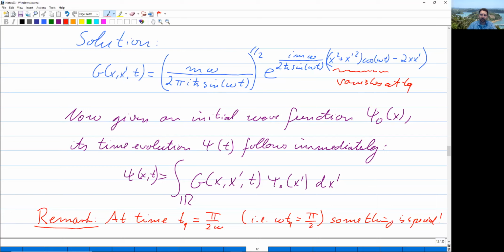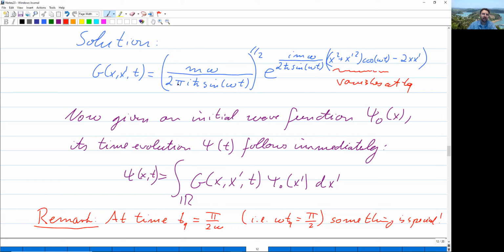Now, why does that matter? Well, you see, what that means is that the Green's function has structurally the form of a Fourier factor. You see, at the quarter period, this is just some number, right?